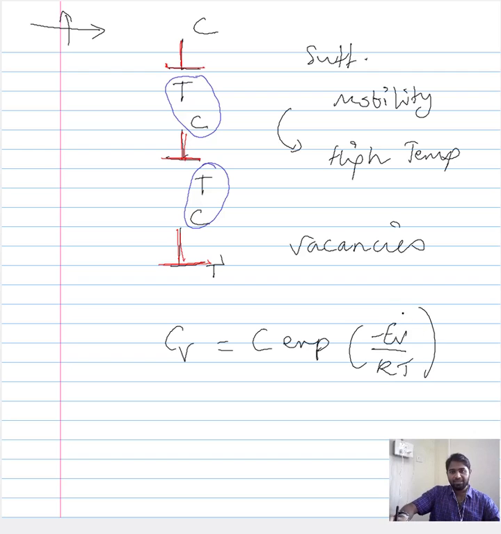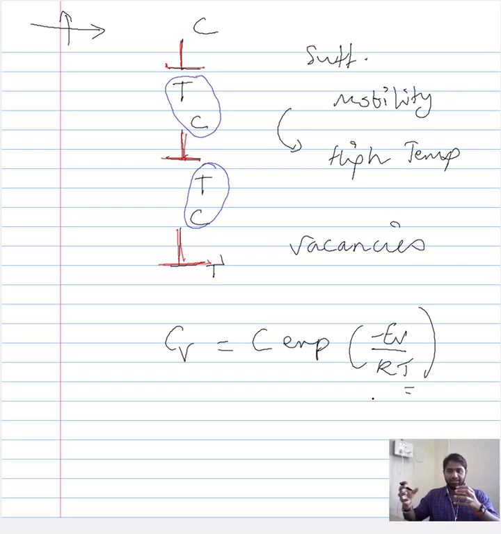Here E is the energy required for the formation of a vacancy, T is the temperature. So with increase in the temperature, the concentration of vacancy increases. With increase in the concentration of vacancy, now instead of gliding in one particular plane, the dislocation can move one over the other, they can climb.